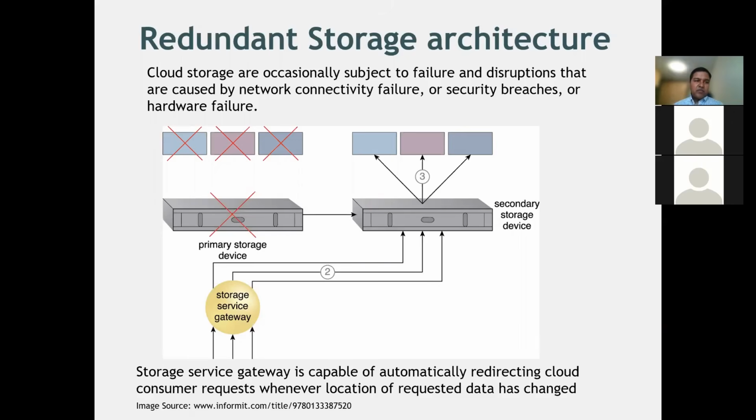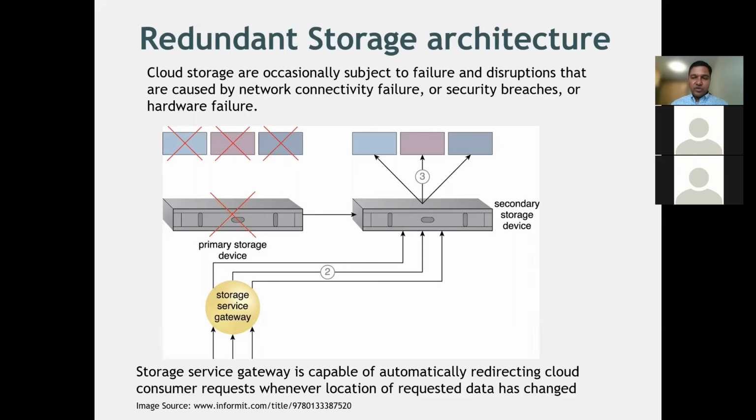Or let's say my VM was running and using one storage. We have many VMs, and a particular VM serves a particular user. Like I am using Google Maps, and you all are using Google Maps. The Google Maps I am using is served in the back by a virtual machine that is accessing certain data coming from a storage. Now that storage has a failure, so my service will be affected.